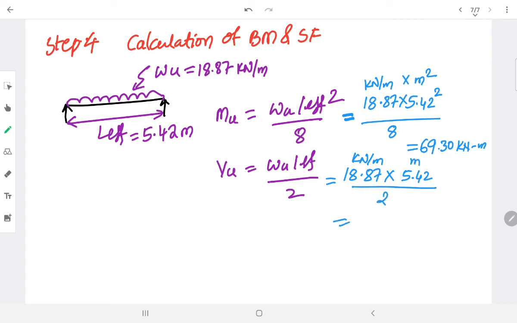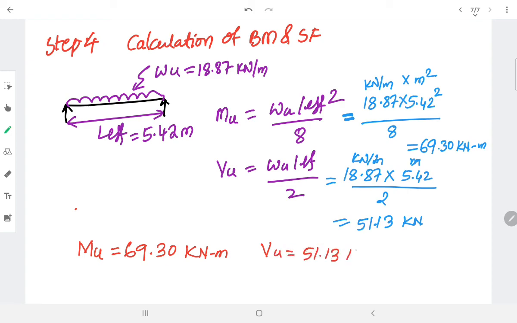When you calculate this one, you got 51.13 kilonewton, because meter cancels out. Now I'll write the final values. MU is equal to 69.30 kilonewton meter and VU is equal to 51.13 kilonewton. In this way, we find the bending moment and shear force.